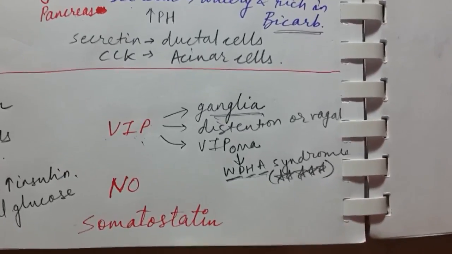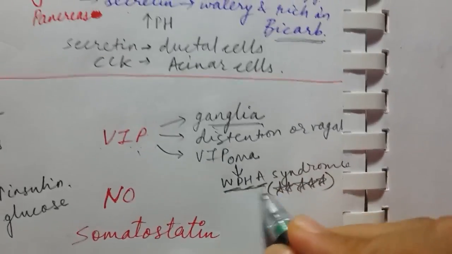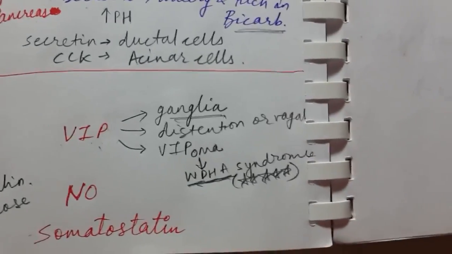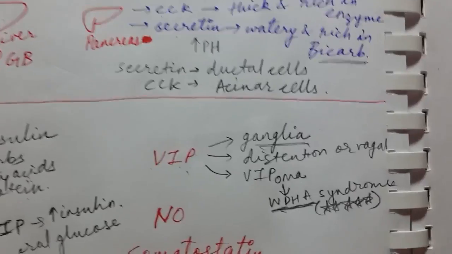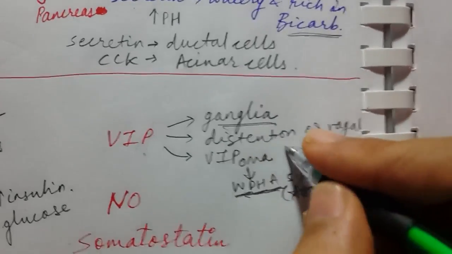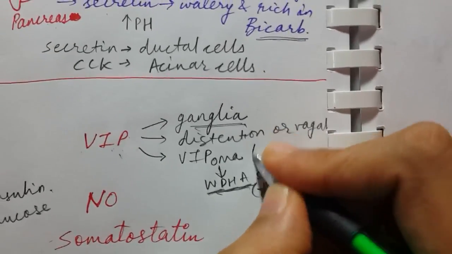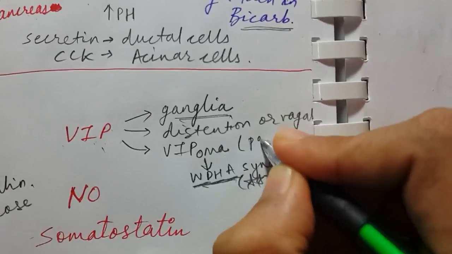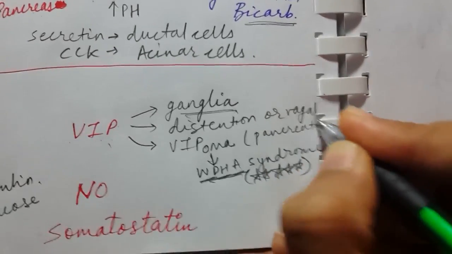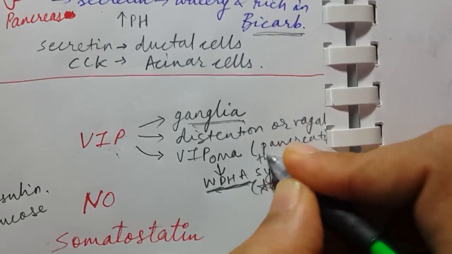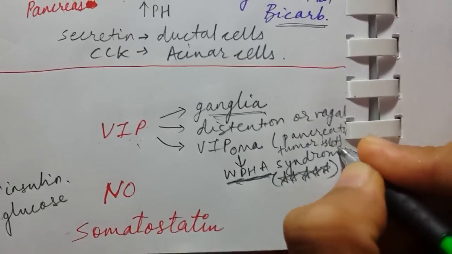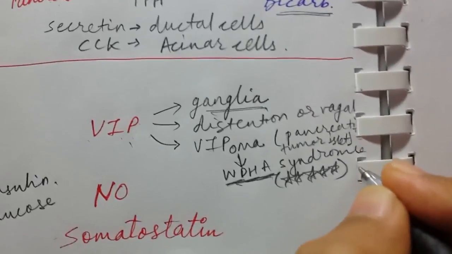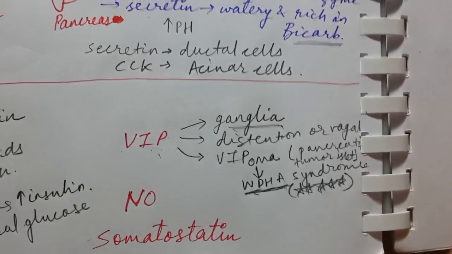Try to make a question on your own in your mind regarding this. Try to make a clinical scenario out of this, and that will definitely help you. Also, this is a pancreatic tumor from islet cells, but the islet cells are neither alpha cells nor beta cells.